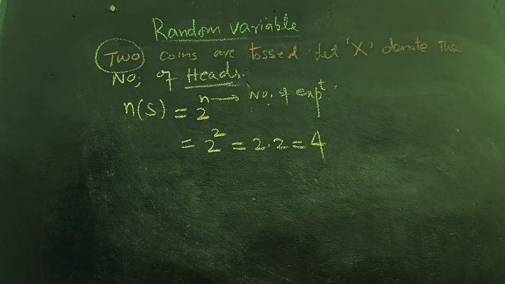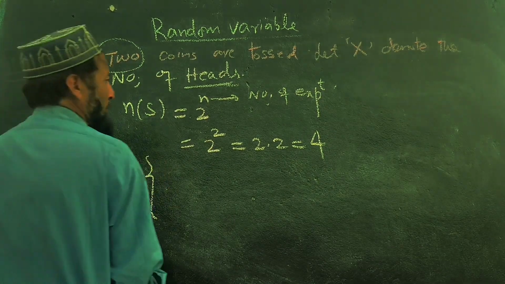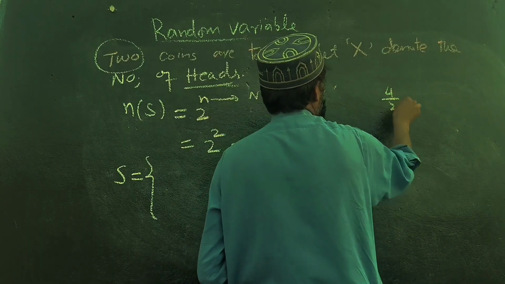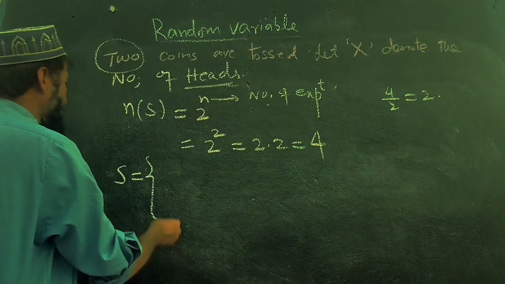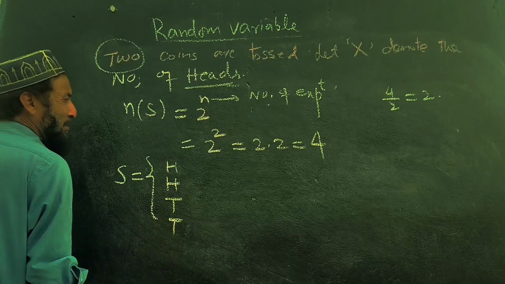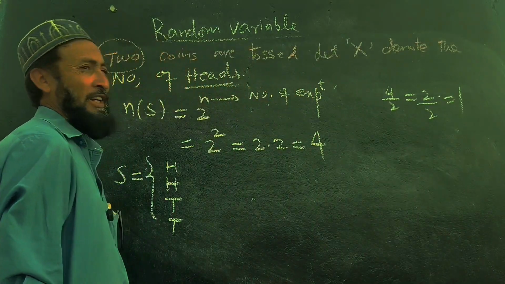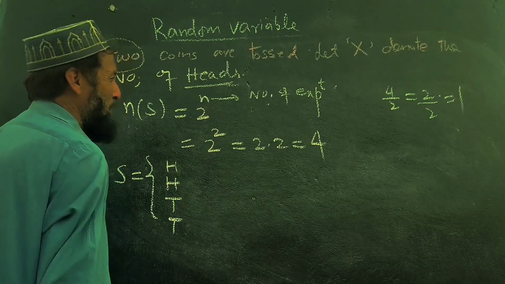So it means that the sample space consists of 4 outcomes. This 4 is further divided by 2, so we get 2 heads and 2 tails. Similarly, this 2 is further divided by 2 because the base of the coin is 2. For this reason we divide each term by 2.